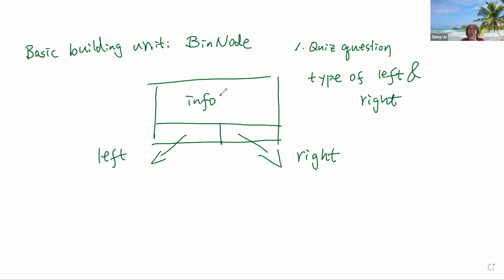I know in CS2 you learned generics. Suppose the type is a generic T. So is left of type T, and right of type T? What's the data type for left and right?